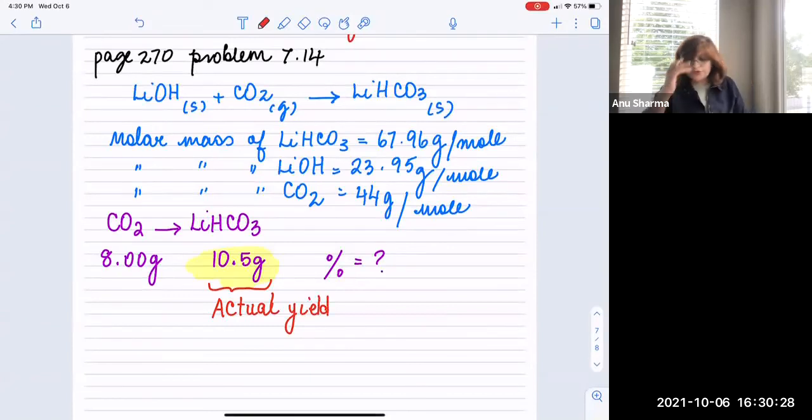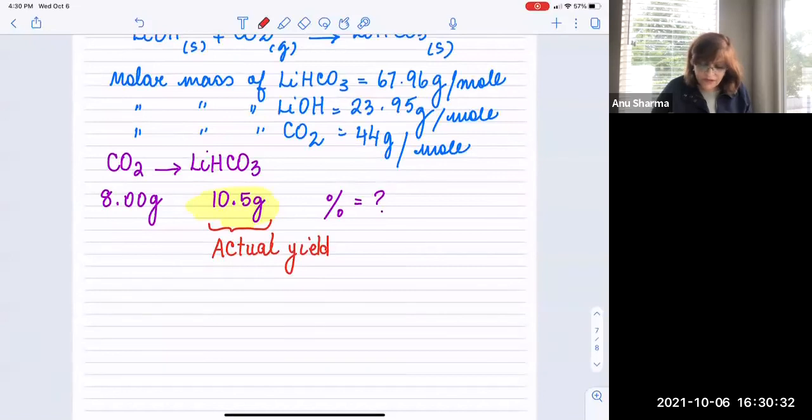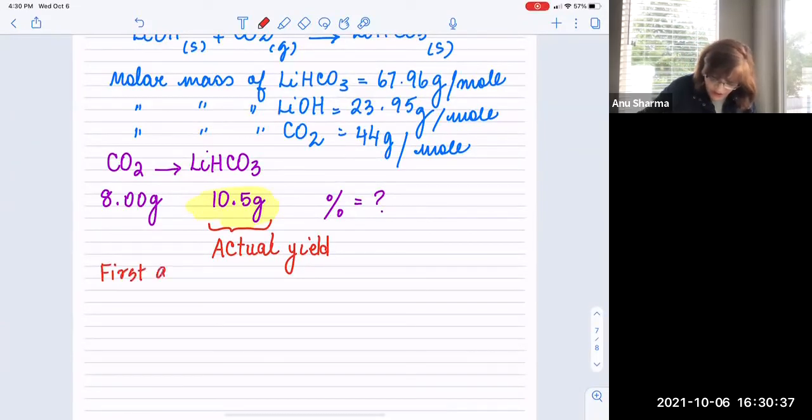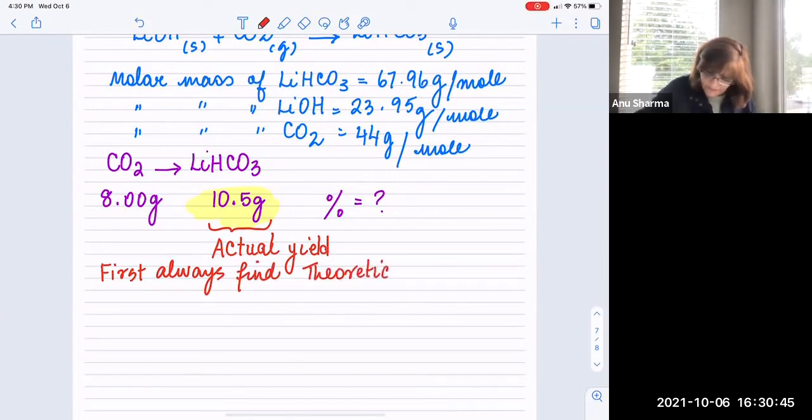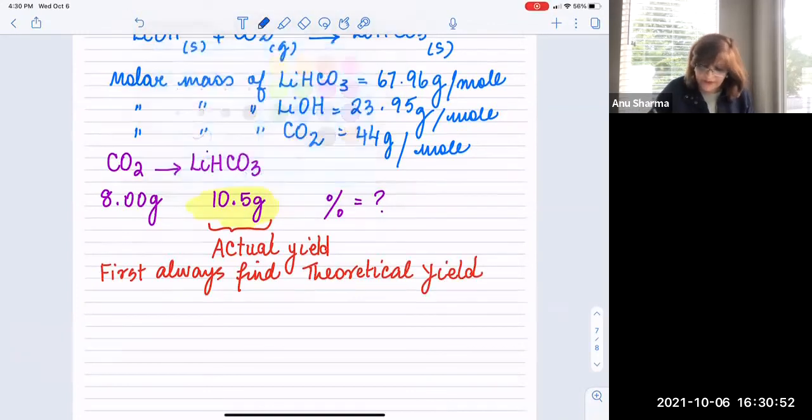So when you use 8 grams of CO2, you produce 10.5 grams. First, always find the theoretical yield.